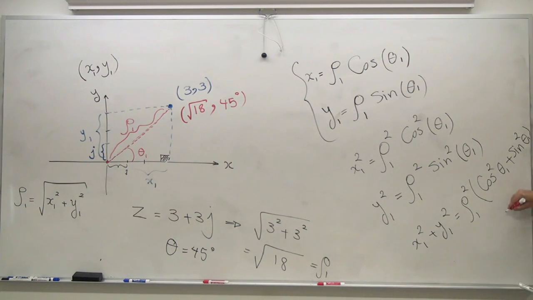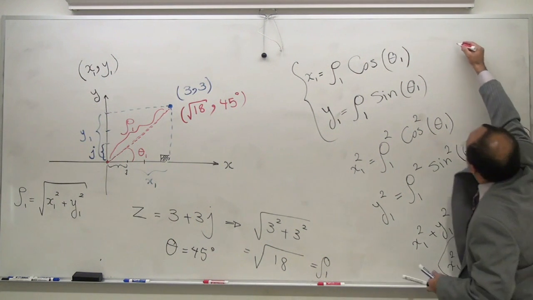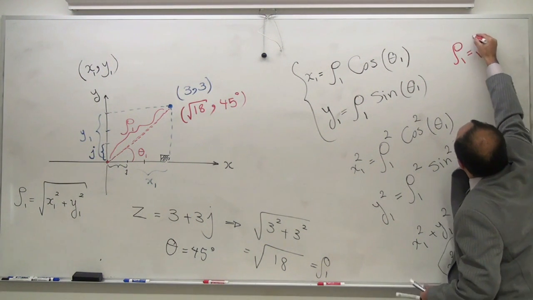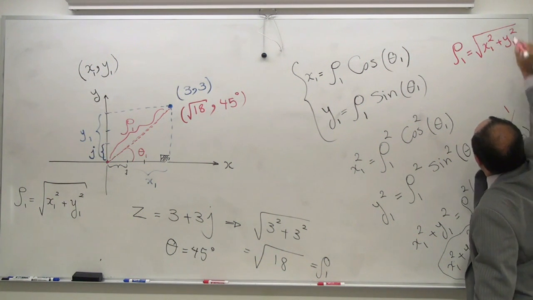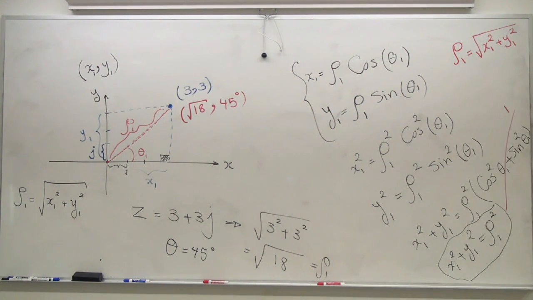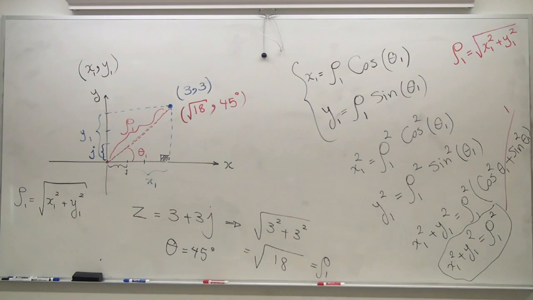So x1 to the power of 2 plus y1 to the power of 2 is equal to rho 1 to the power of 2. So if I know x1 and y1, I would know what rho 1 is. Rho 1 is the square root of x1 to the power of 2 plus y1 to the power of 2. Again, don't worry about the index. I'm just following consistently from the notation I had.